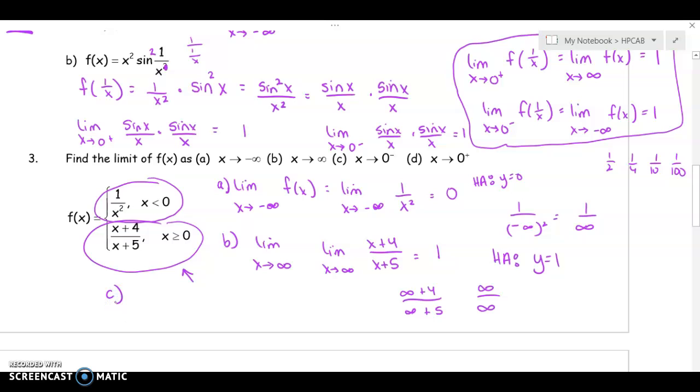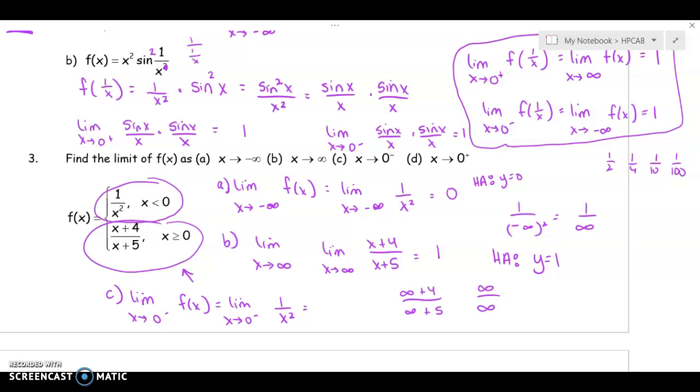Go for it. For C, we're doing the limit as x approaches 0 from the left side of f of x. And the left side is going to be this piece here. So we're really doing the limit as x approaches 0 from the left side of this 1 all over x squared. We can't plug in 0 because, once again, it is going to make it undefined.